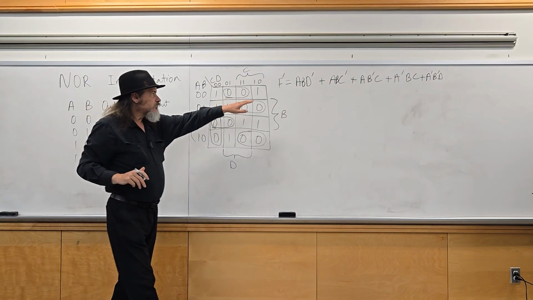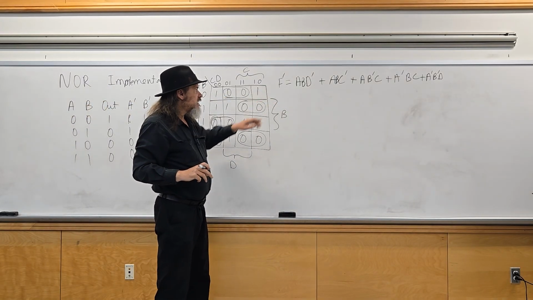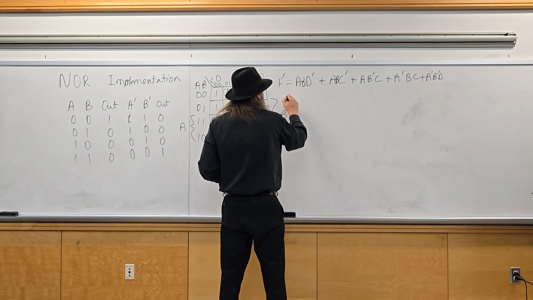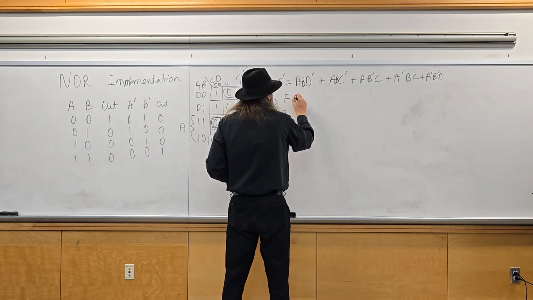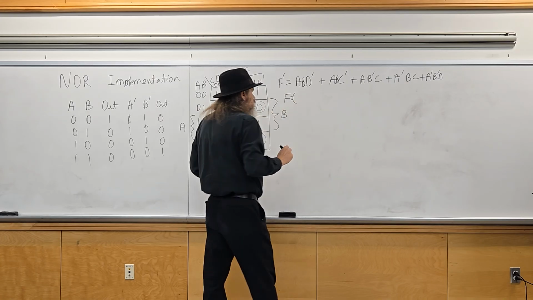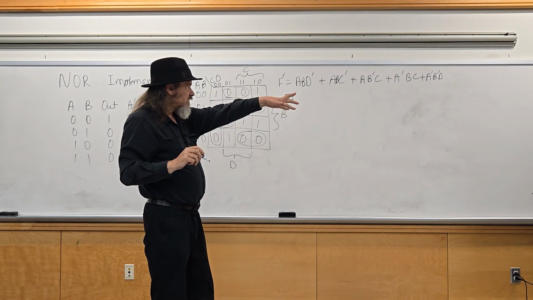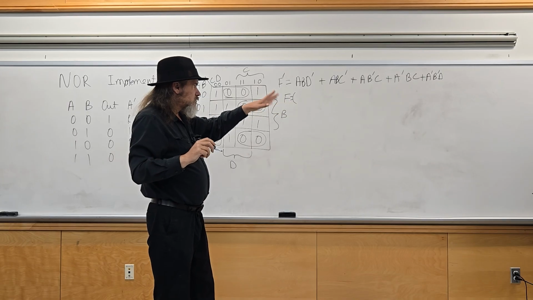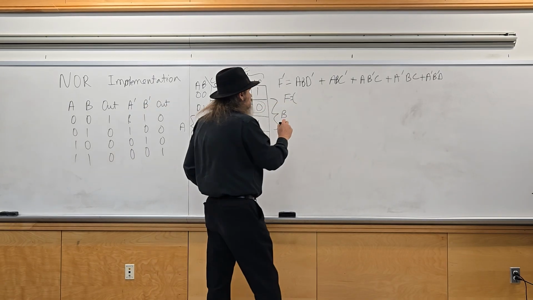So it's the F prime. To make it a product of sums, you run everything through De Morgan's law.